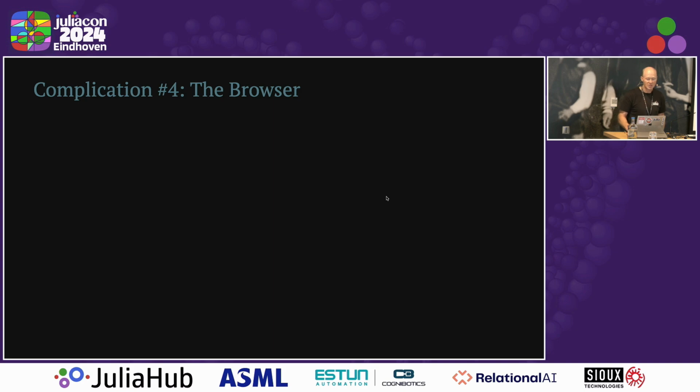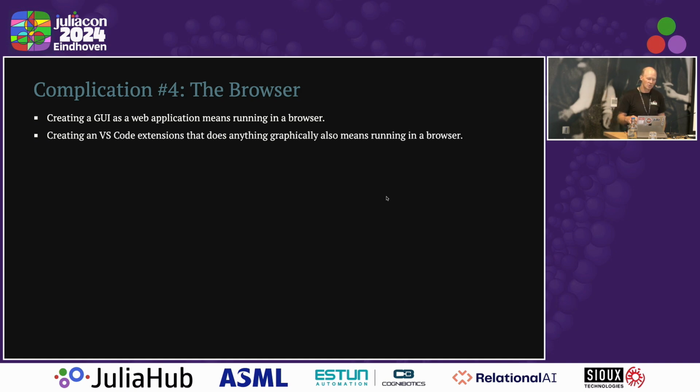The fourth complication that comes up is that if you're going to be creating a GUI, today you're largely going to be doing that in a browser, or perhaps in Electron or in VS Code. In a lot of these cases, you're leveraging a web browser, one way or another. This applies when you're creating a VS Code extension: you're essentially using a web browser as your environment.